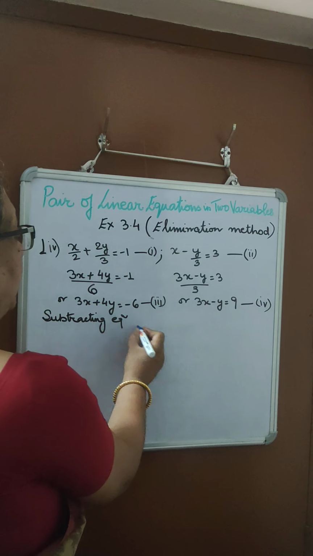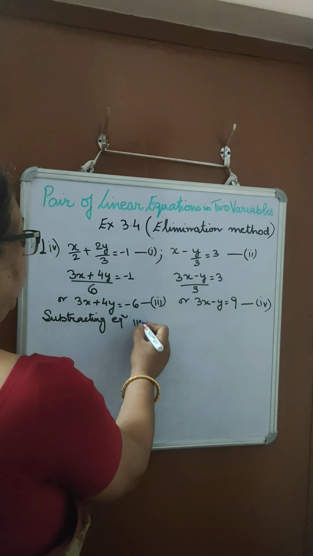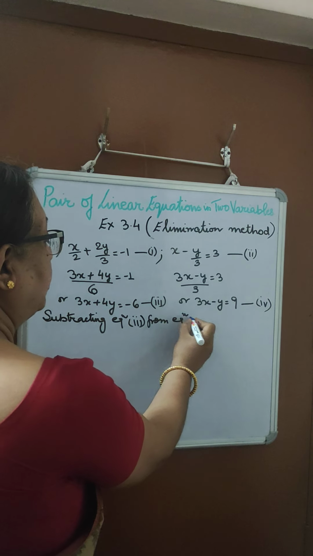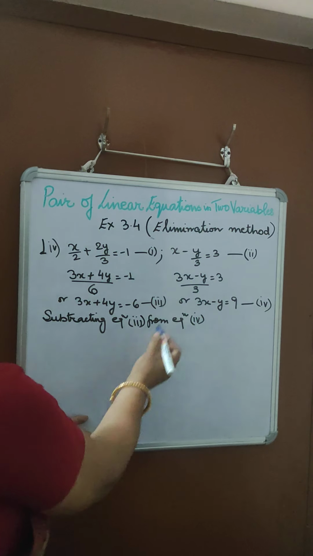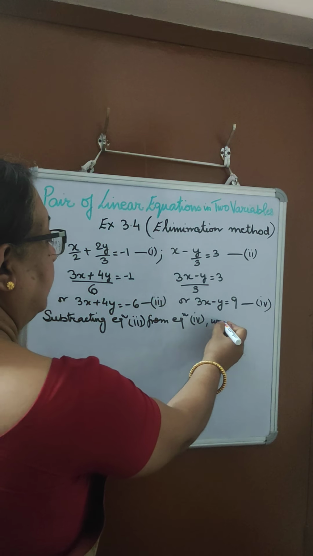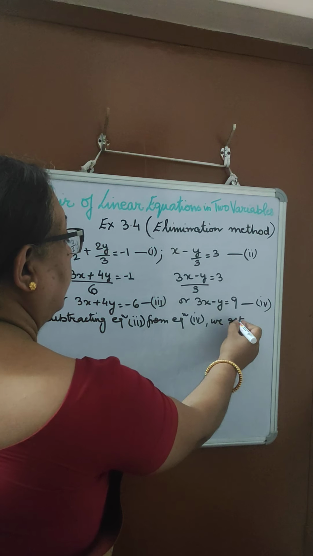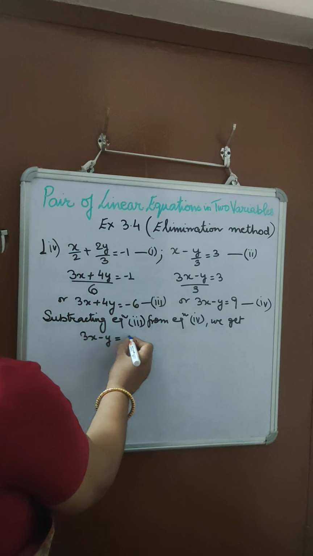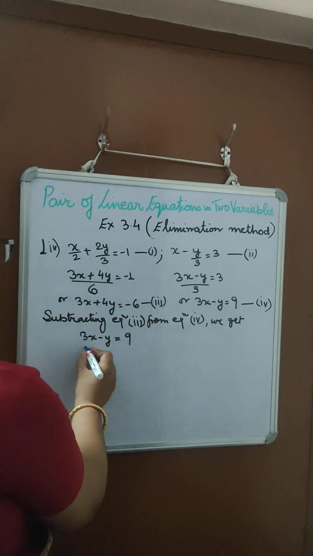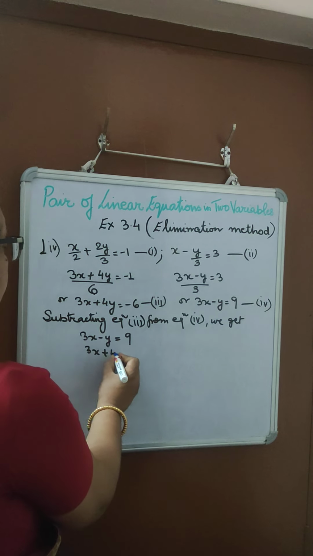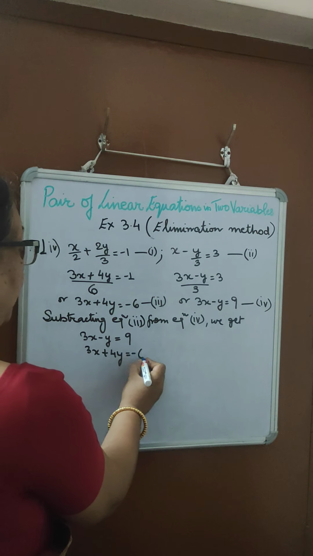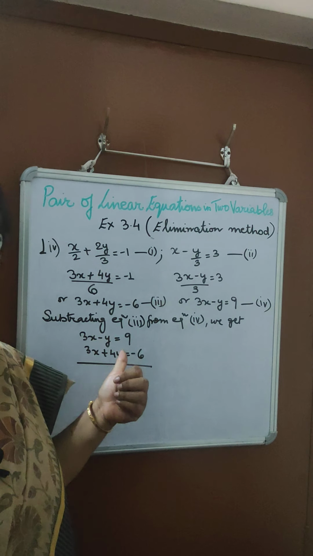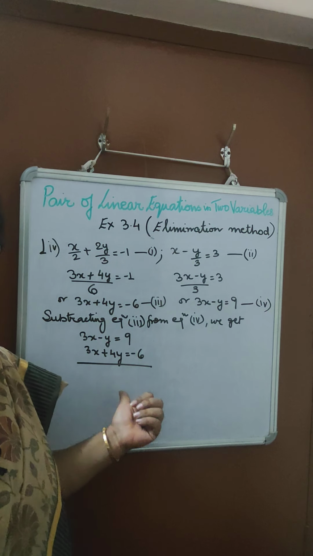Subtracting equation 3 from equation 4. So what do we get? 3x minus y equal to 9, and this one 3x plus 4y equal to minus 6. Now you know, when we subtract, we change the signs.